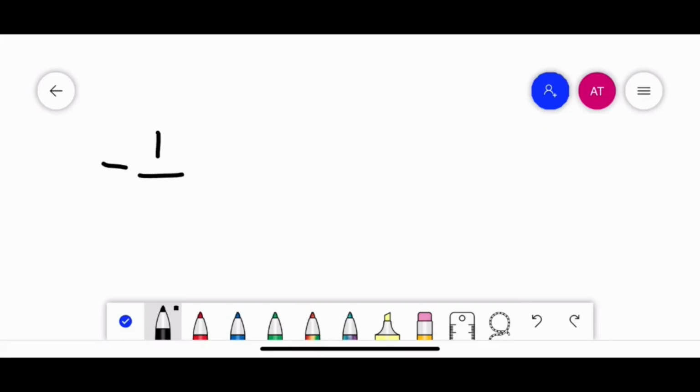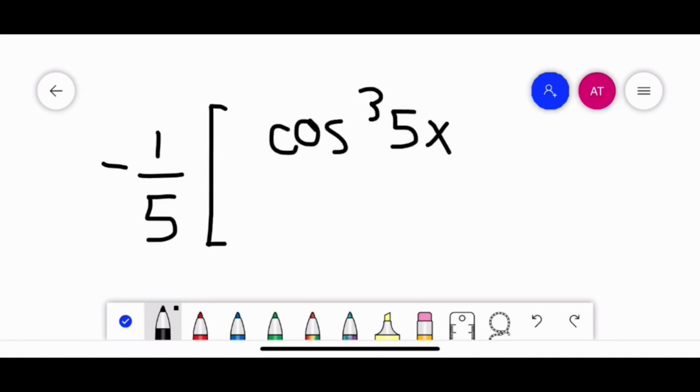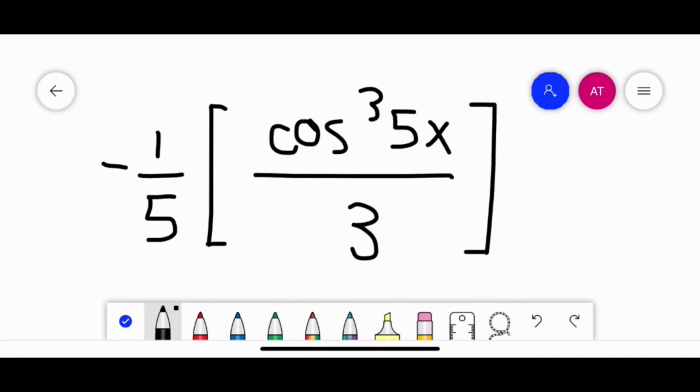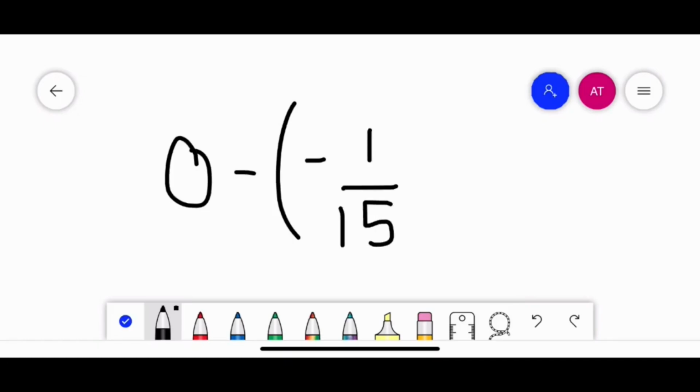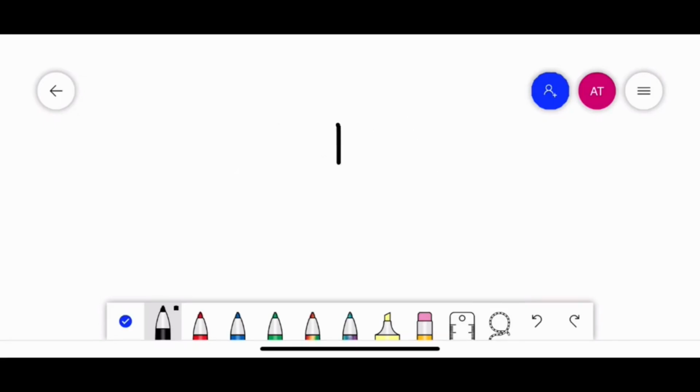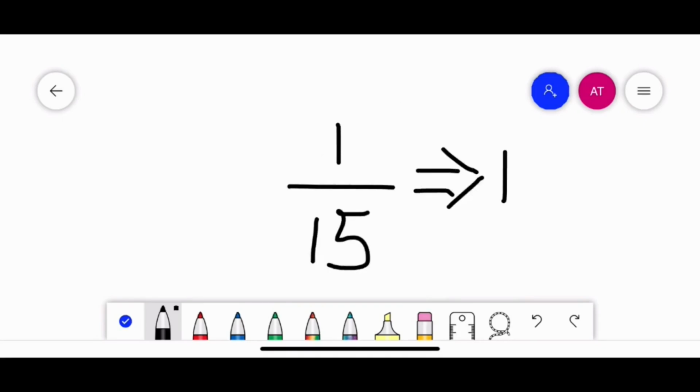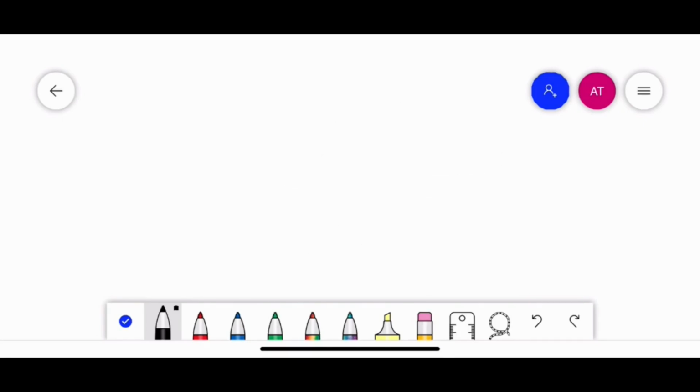Then we integrate u squared, so it becomes minus 1 over 5 times cosine cubed 5x over 3, going from pi over 10 to 0. If we simplify, we get 0 minus 1 over 15, which is equal to 1 over 15. So in this question, k is equal to 15.